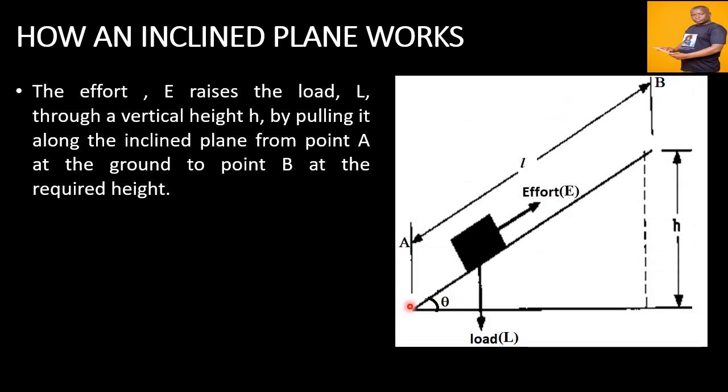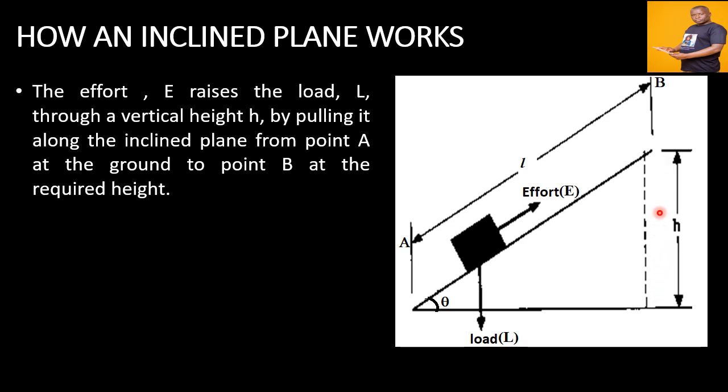What we are saying here is we have a body here which is intended to be brought to that height. Okay, so in the absence of this plane, it means the only available option is to lift it through this height by doing work against gravity.